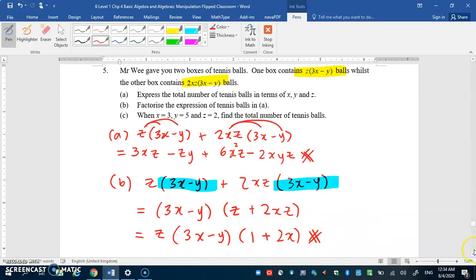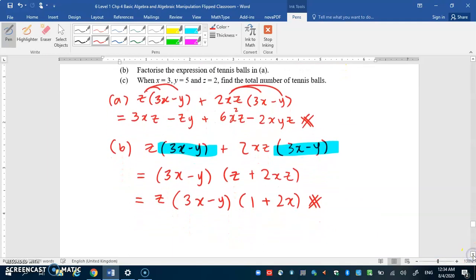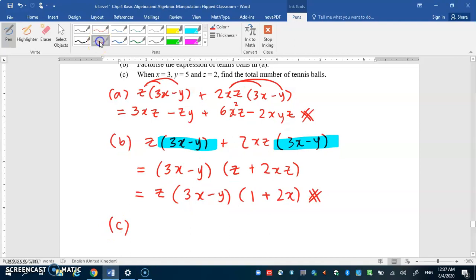Then part C says when x is 3, y is 5, and z is 2, find the total number of tennis balls. We're just going to sub in the values. We're going to use the one from part A, 3xz minus zy plus 6x squared z minus 2xyz. I'm going to sub in the values of x, y, and z.